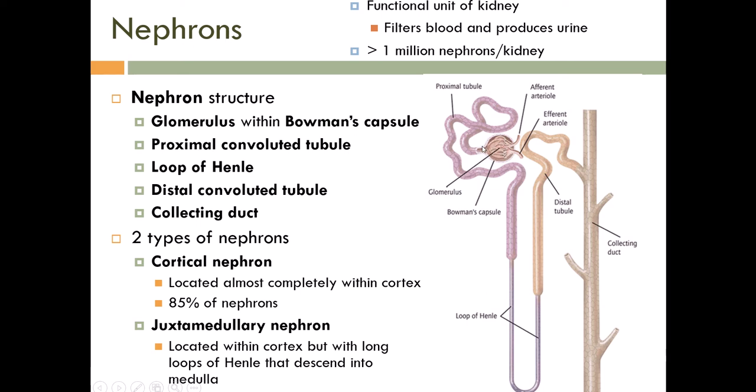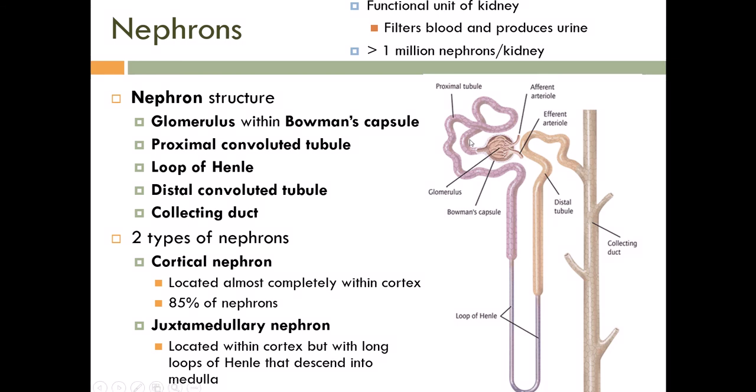The filtrate then moves into the proximal convoluted tubule, down the descending limb of the loop of Henle, up the ascending limb of the loop of Henle, into the distal convoluted tubule, and then finally into a collecting duct. The collecting ducts collect urine from several nephrons, and they descend down through the medulla, carrying the urine into the pelvis.